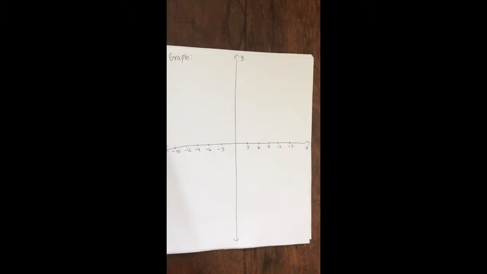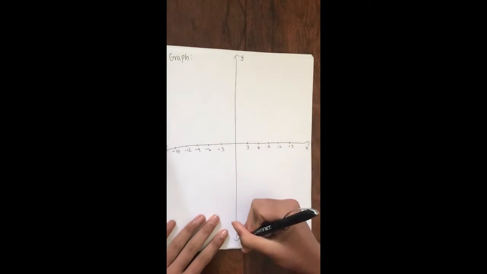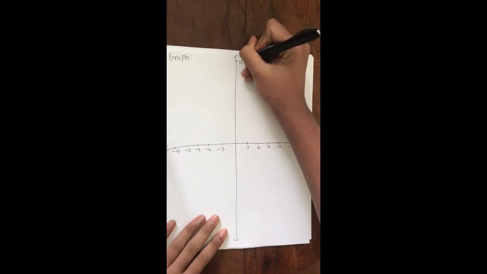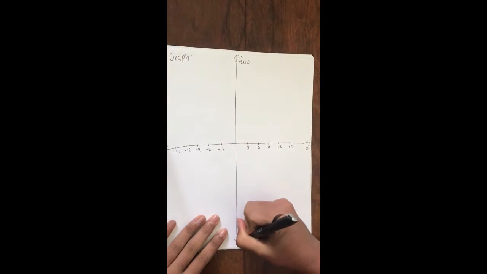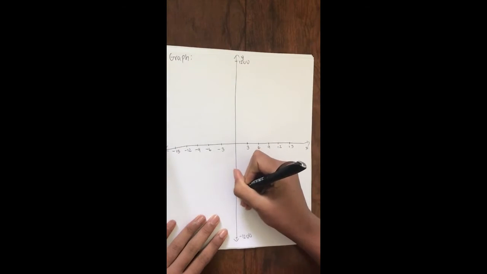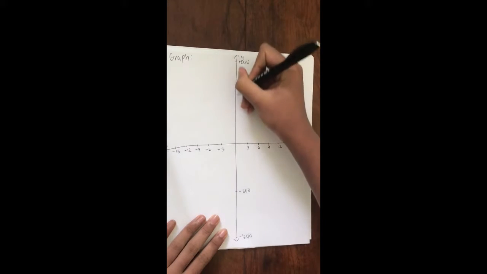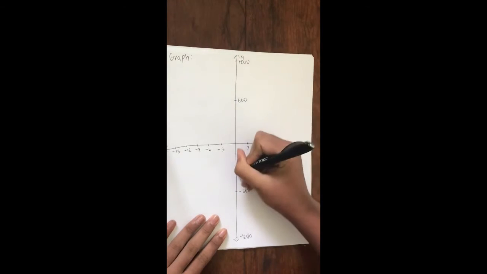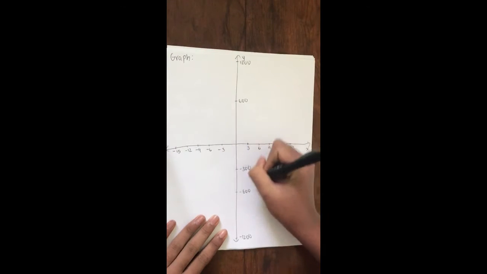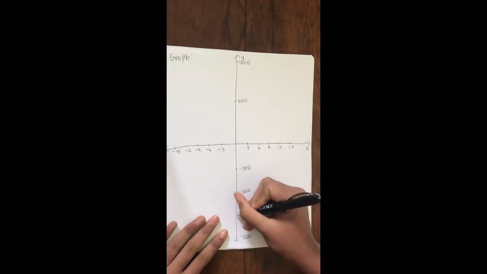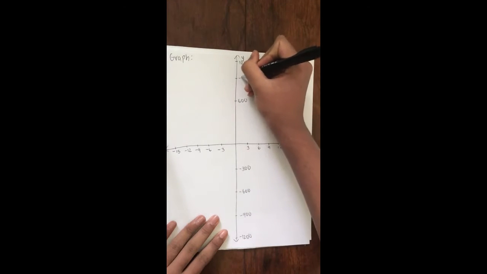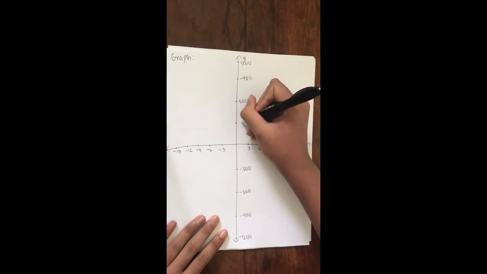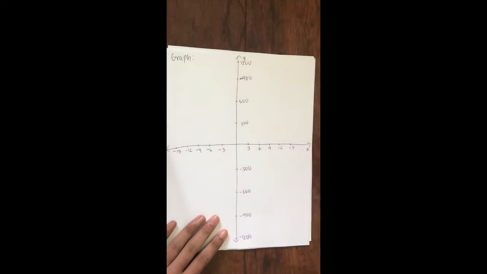So let's do it that way. It goes up to 1200, negative 1200, negative 600, 600, negative 300, which is our y-intercept, and negative 900, or sorry, I meant to say 900.